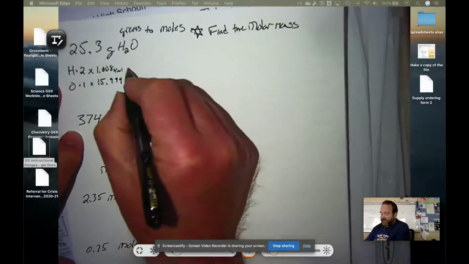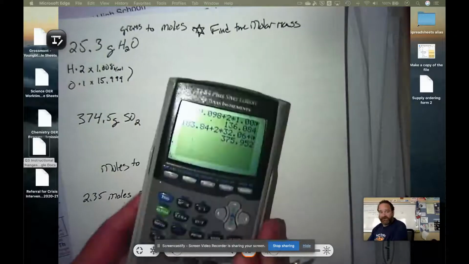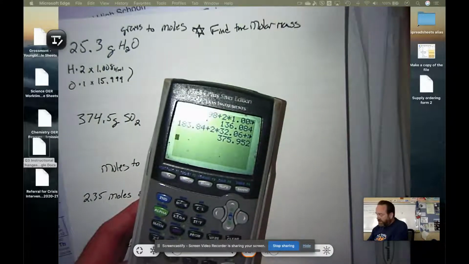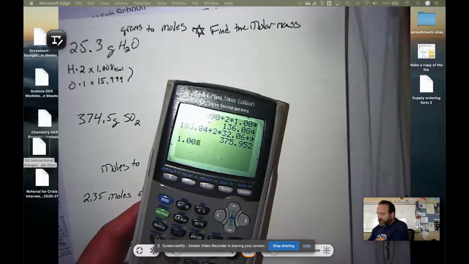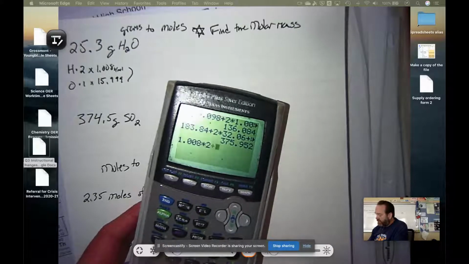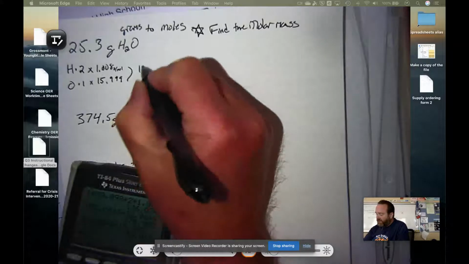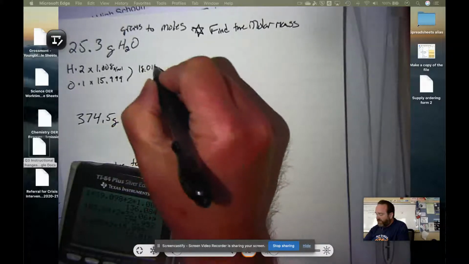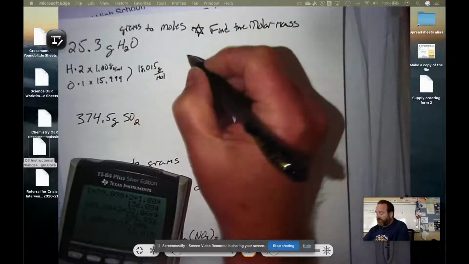And so I can bring those together for the total: 1.008 times 2 plus 15.999. And we can see we've got a value of 18.015 grams per mole.